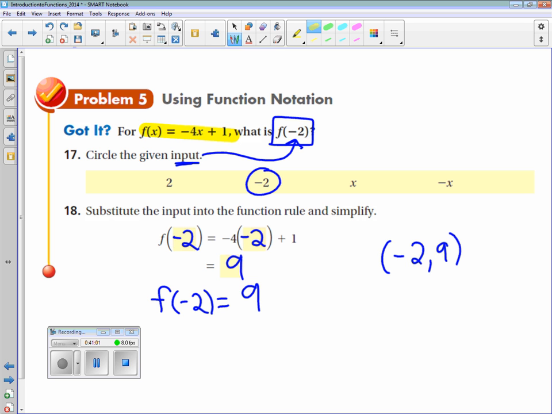Nope, you forgot the x. -4x plus 1, what I highlighted. Plug in the original function. When you plug in the original function, is this point on it? How can I make sure and guarantee? Table. Very good. So plug it in, go to your table, and make sure that -2, 9 is on there.